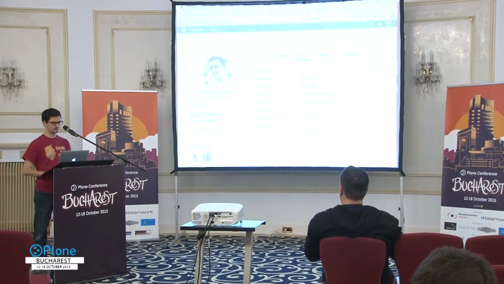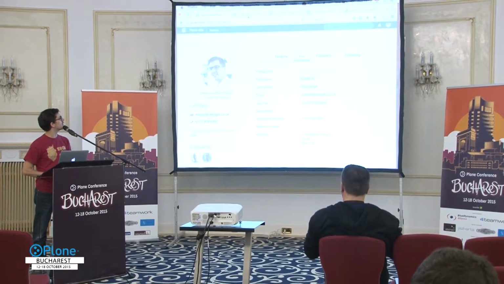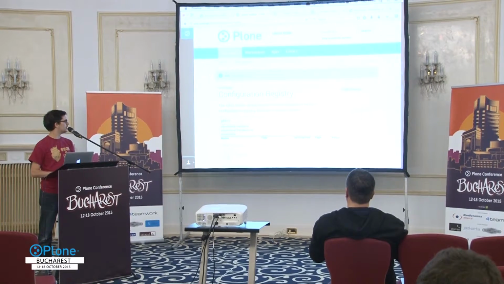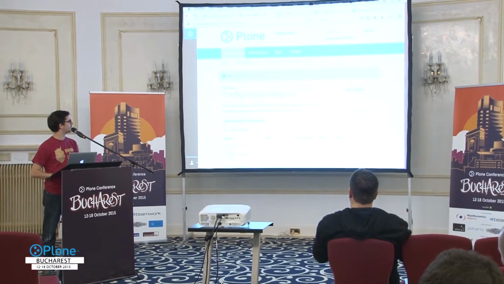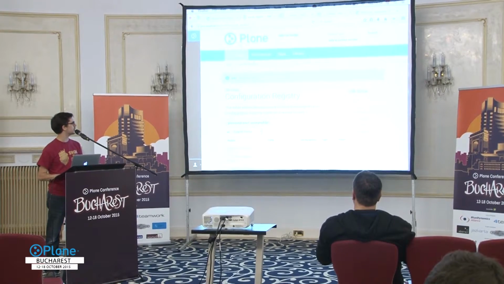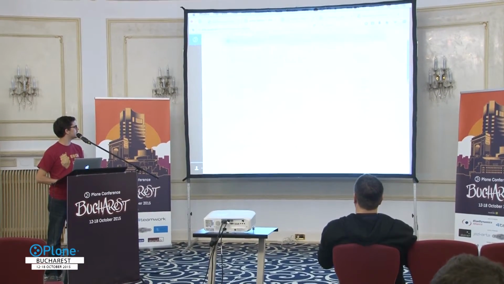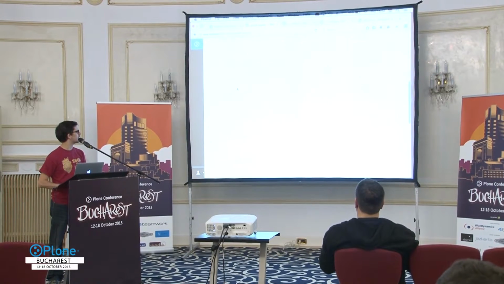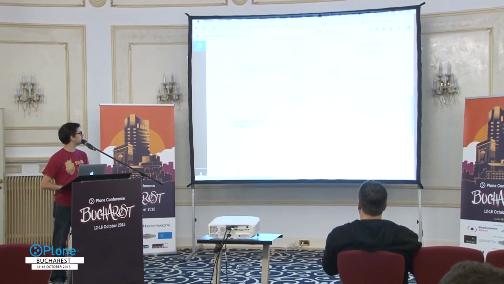So I can go into the registry here. This is just looking at the hidden fields, and you can see that I have hidden fields here, and there's one down here called read-only fields.